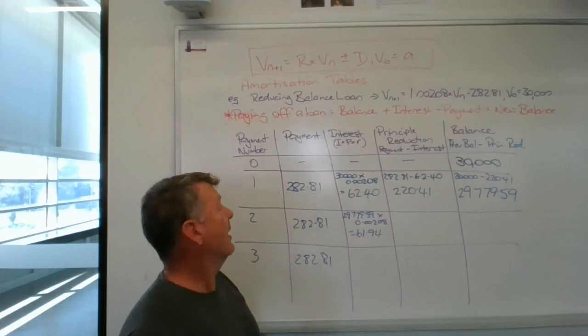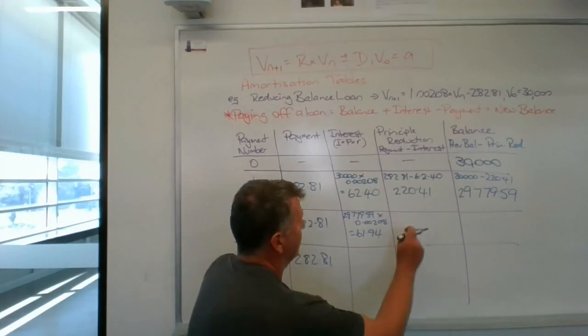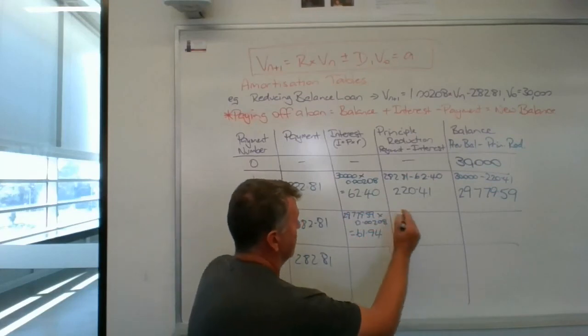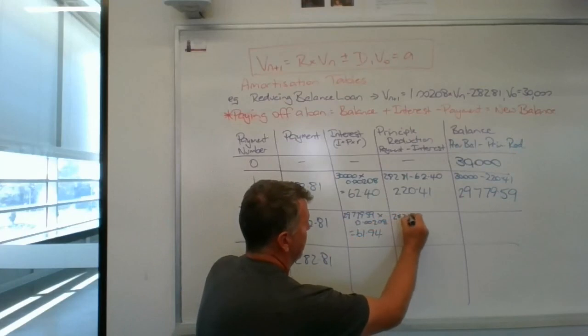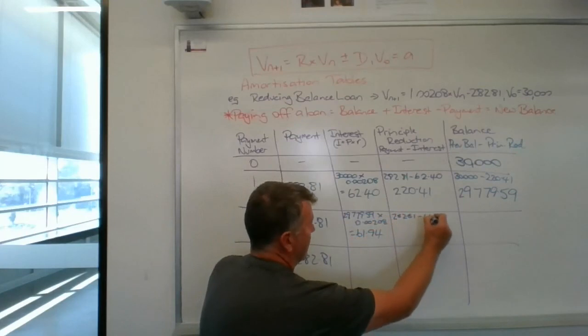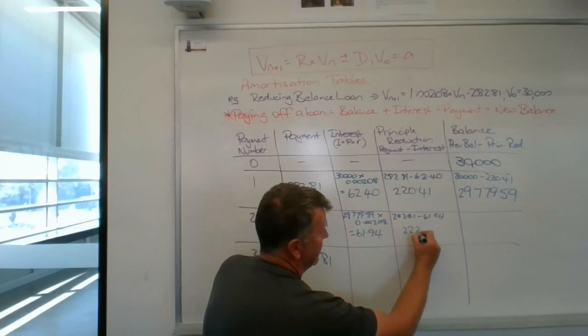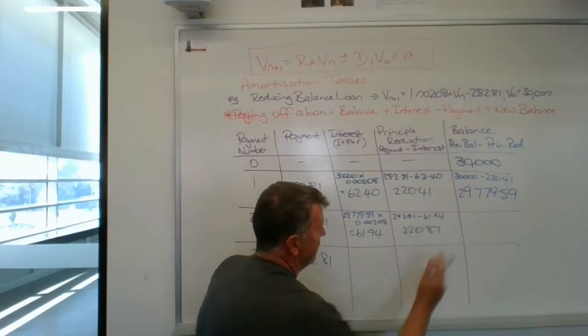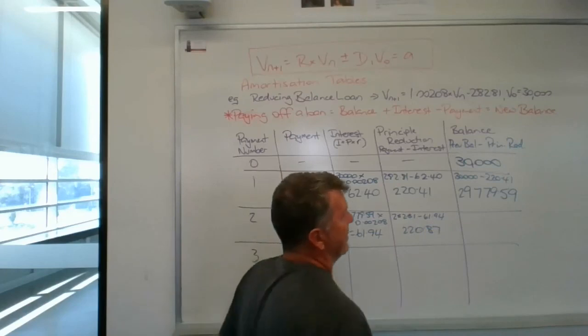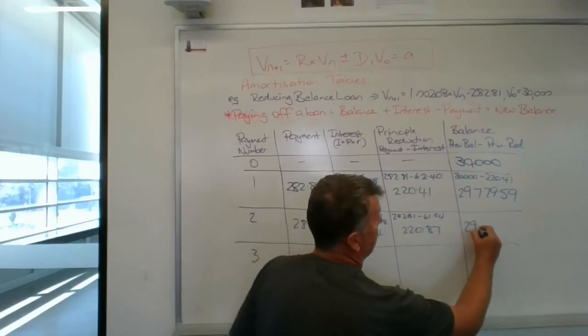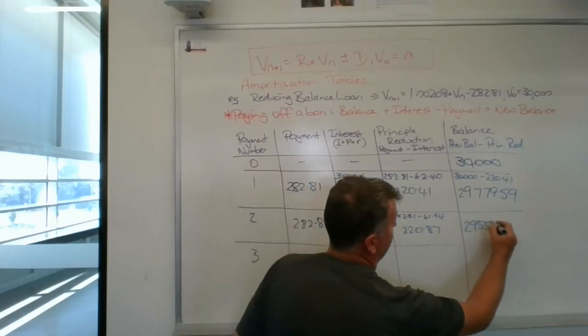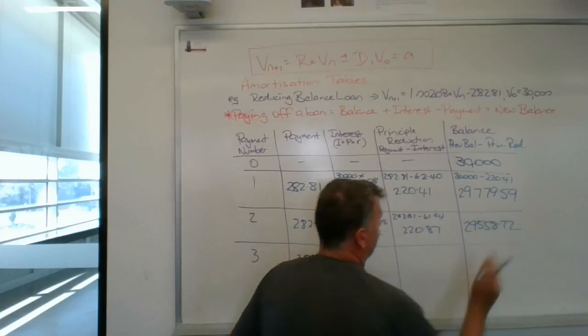Principal reduction is 282.81 minus 61.94, which is 220.87, giving us a new balance of 29,558.72.